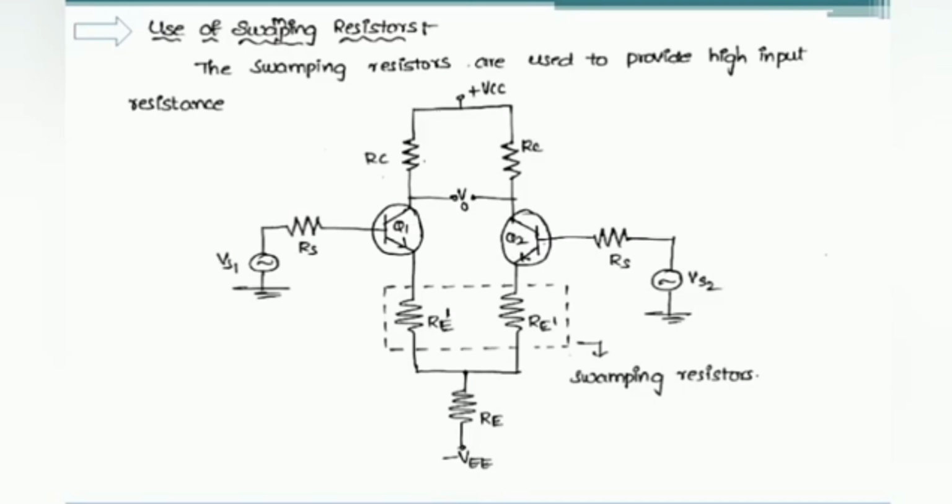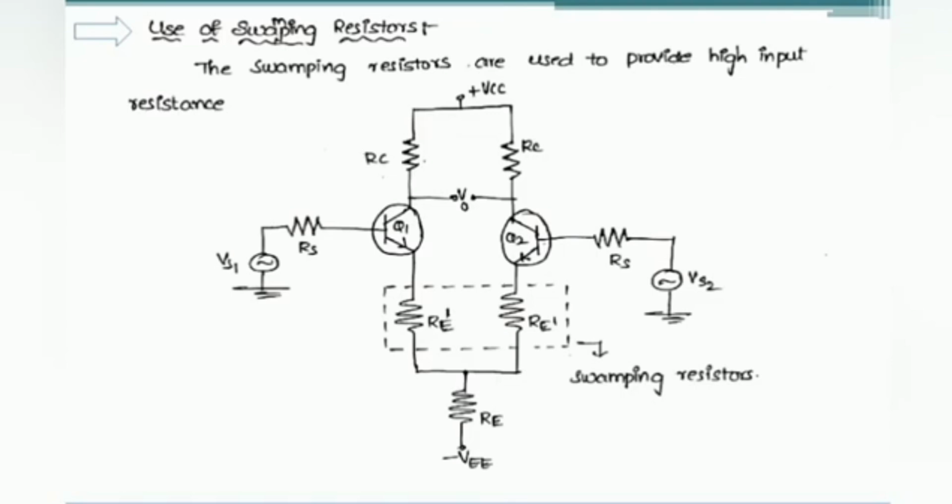We are decreasing common mode gain, but the differential mode gain will also decrease with the use of swamping resistors, which will have an impact on CMRR value, and also due to temperature changes, the operating point of transistors Q1 and Q2 is also changed. So the fourth method, use of swamping resistance, is not widely used in practical applications.